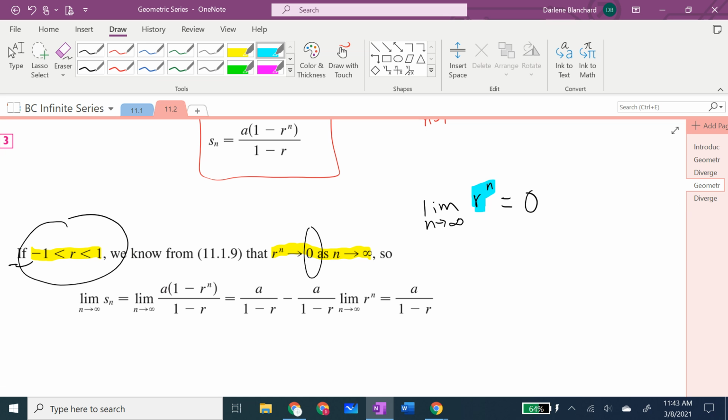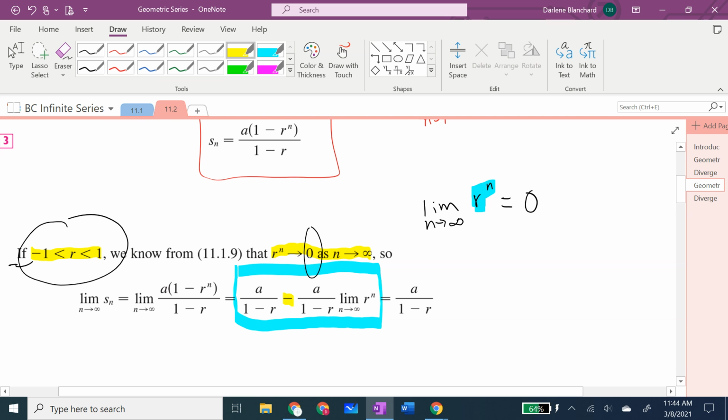This middle part is a little bit confusing to read from the textbook. Realize what it's trying to say is this subtraction sign is that subtraction sign. And then it took the R to the n and factored that out.